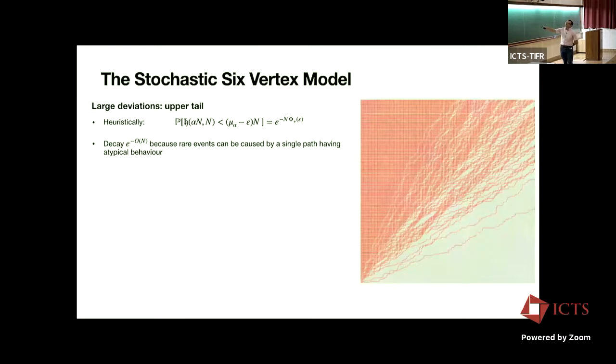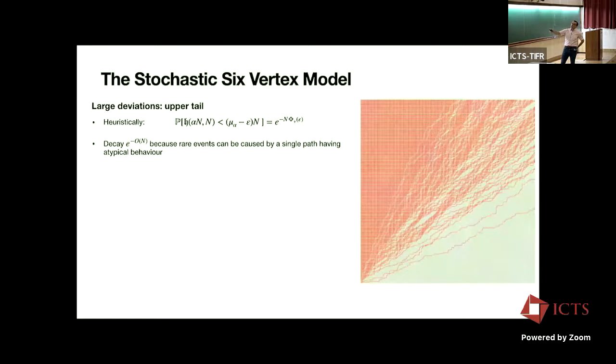If you interpret these paths as trajectories of particles, in order to create such an event, we have to force a single particle to not move or to move upward. If a single path moves upward, this is going to force on all of the other paths a certain drift upward.